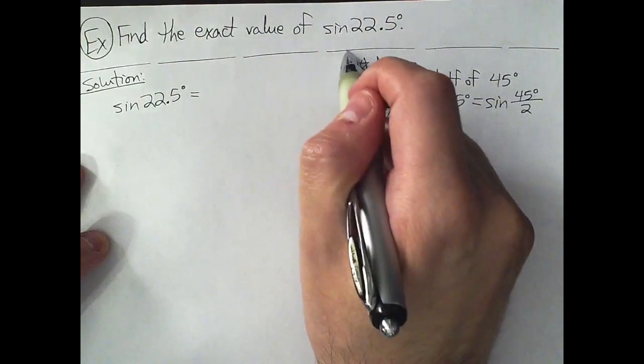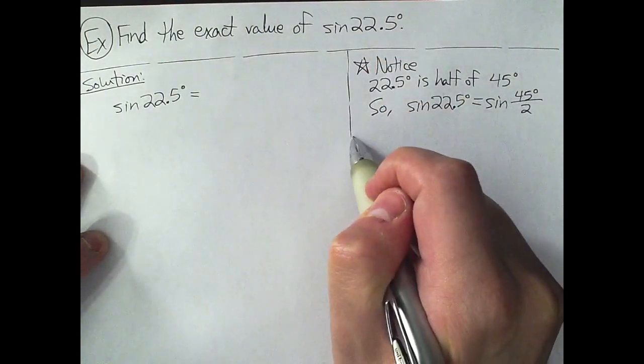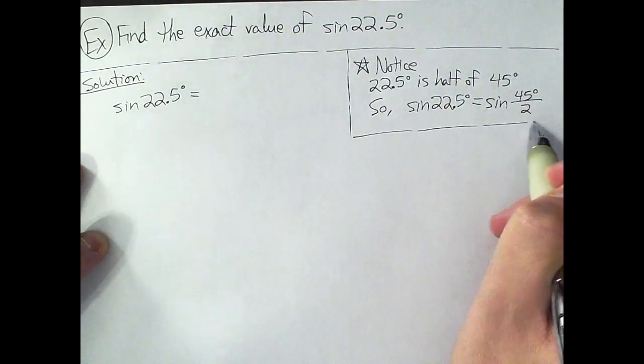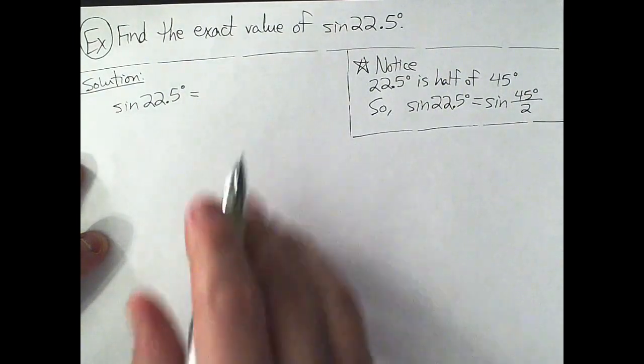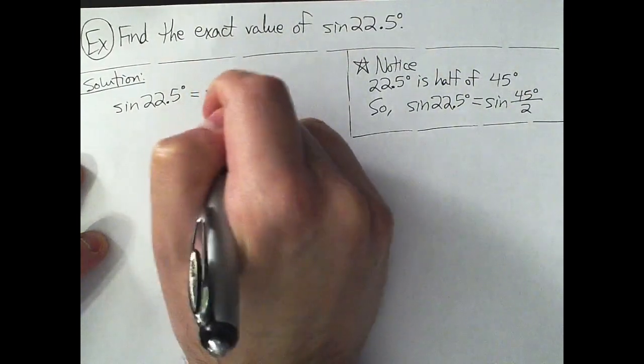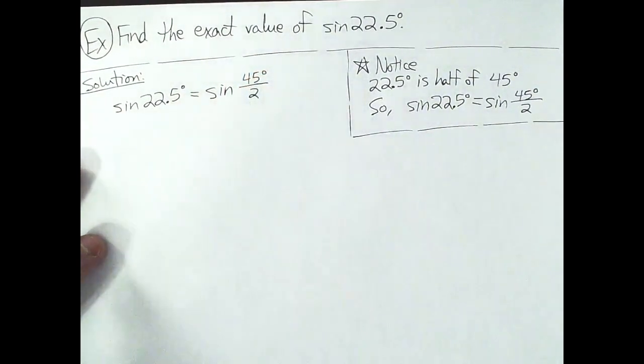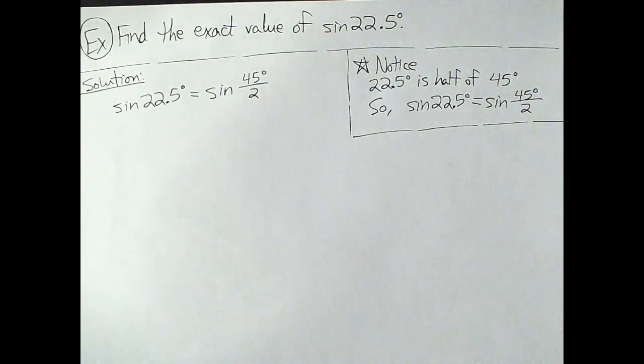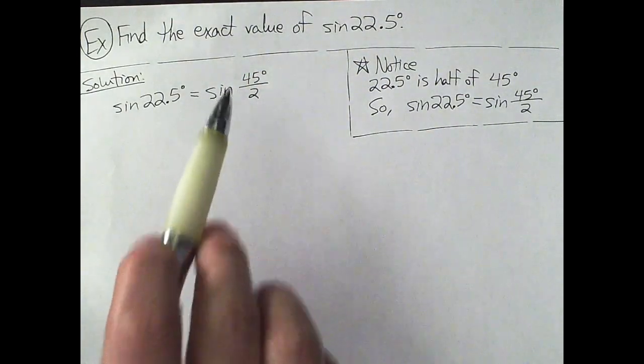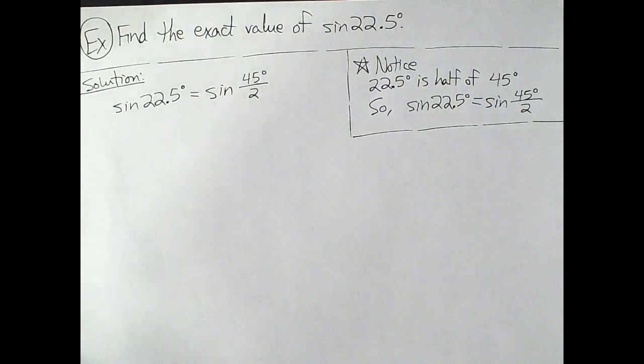All right, let's section that off. That was kind of our little brainstorming session. That gives me an idea of what we're going to do with this problem: we're going to treat it as sine of 45 degrees over 2. And then I say, hey, we have some formulas. We have some trig identities for sine of u over 2. Don't we? Yeah.